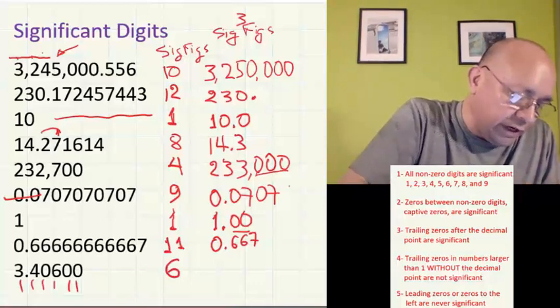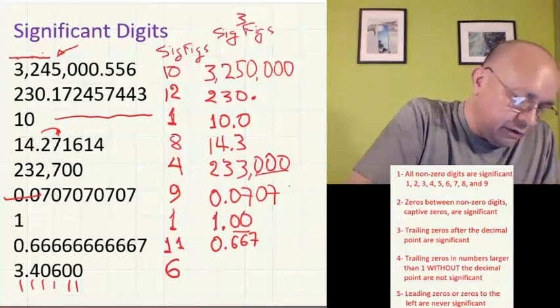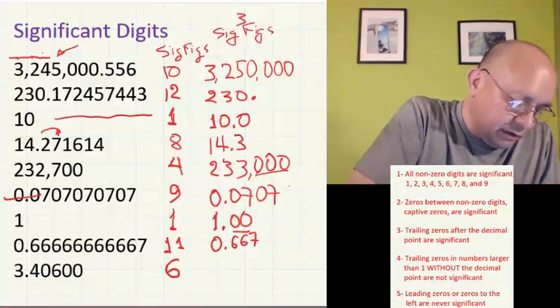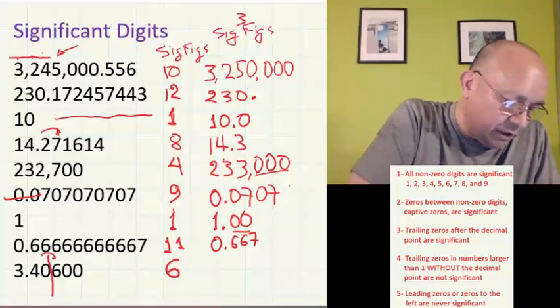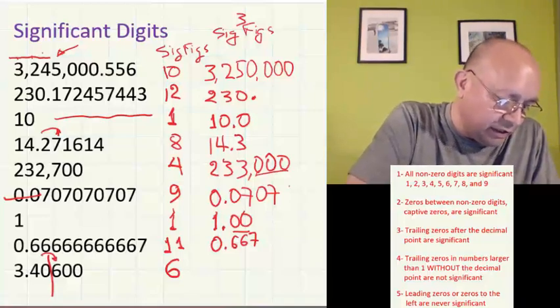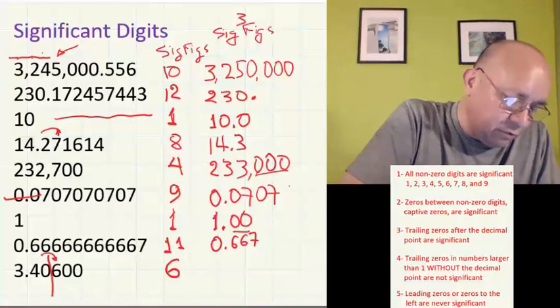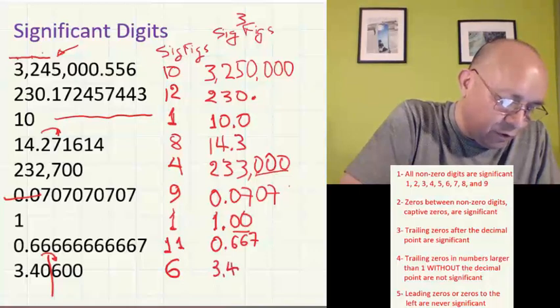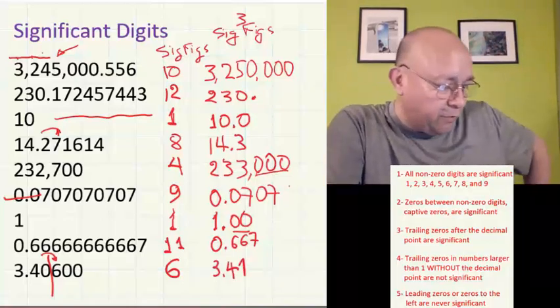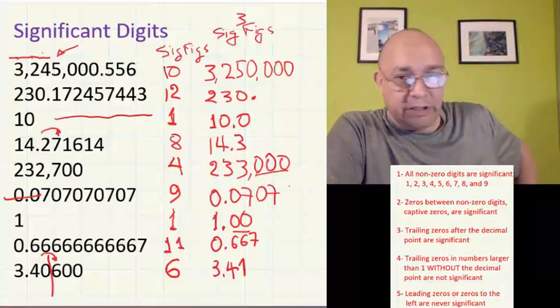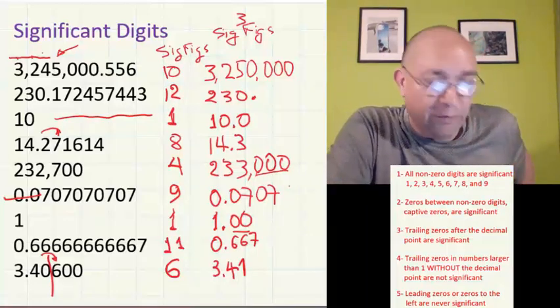And now we want to write it with just 3. Then we cut on the third number, and then the following number is larger than 5, so the 0 becomes a 1, so this will become 3.41. That will be 3.40600 with 3 significant digits becomes 3.41.